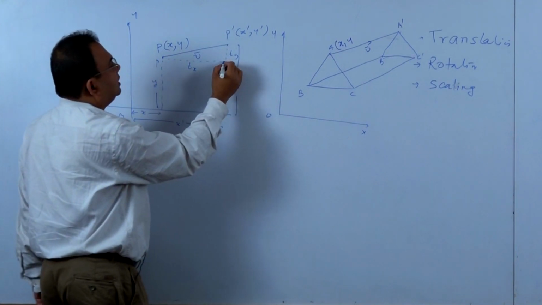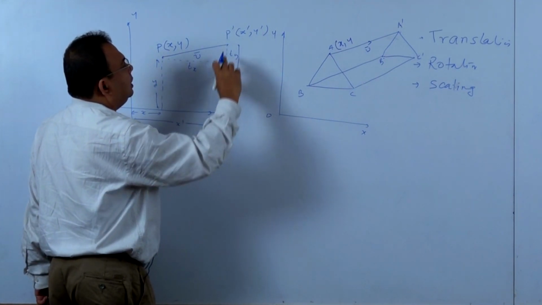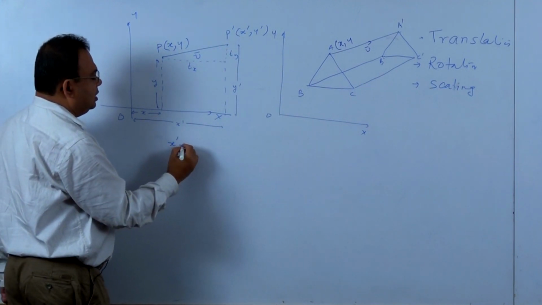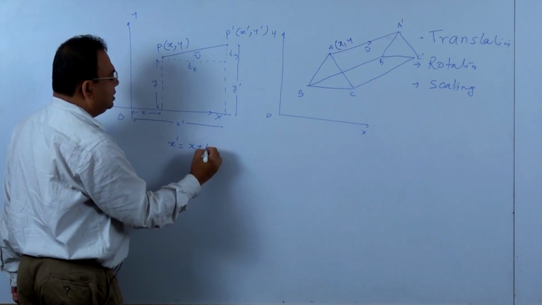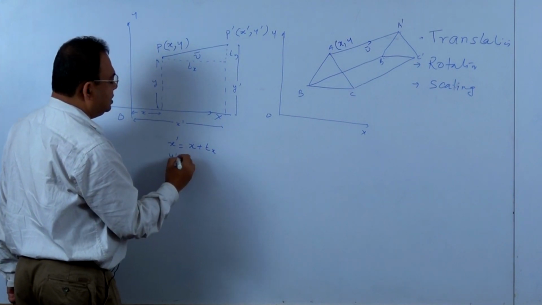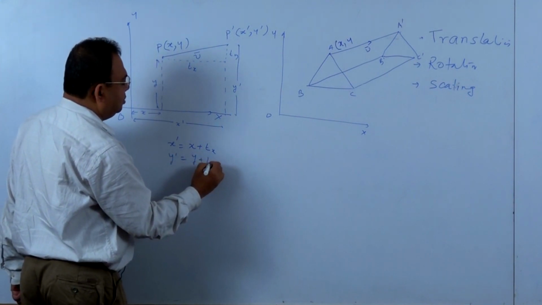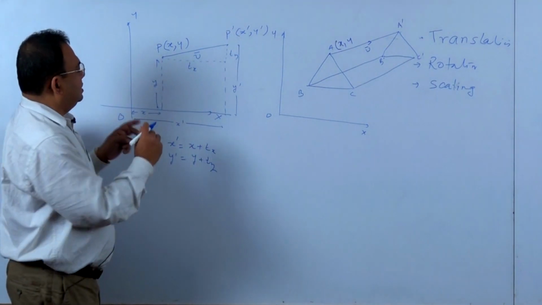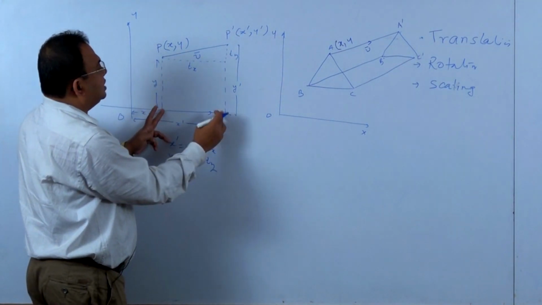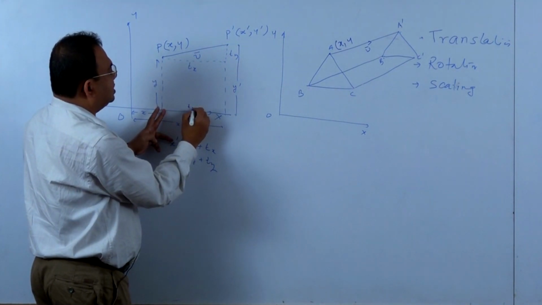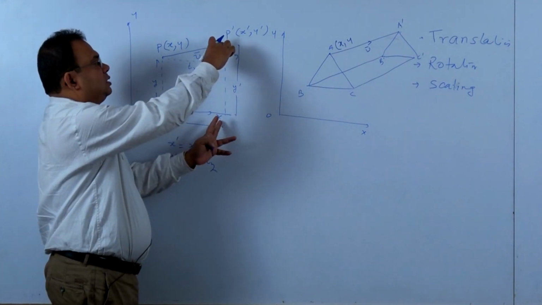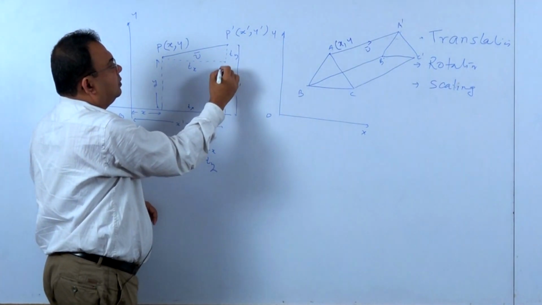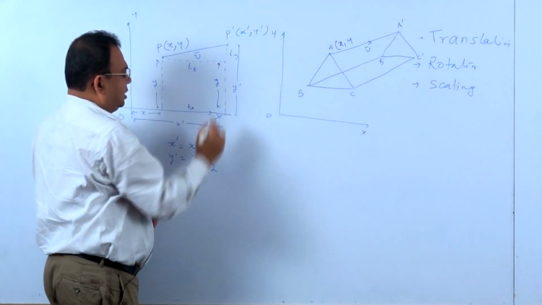So we can easily write the transformation equations: x dash is equal to x plus tx and y dash is equal to y plus ty. So the new position x dash is basically x plus tx, and y dash is the earlier y plus ty.